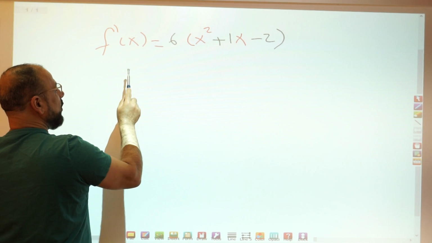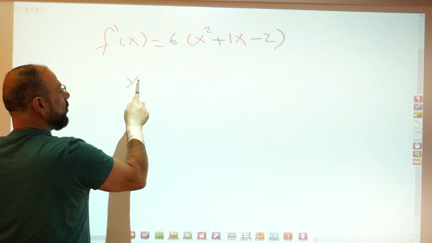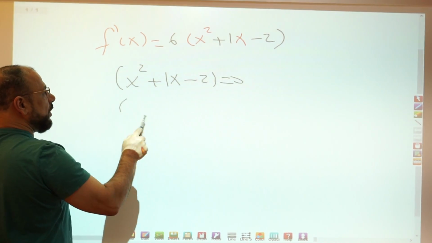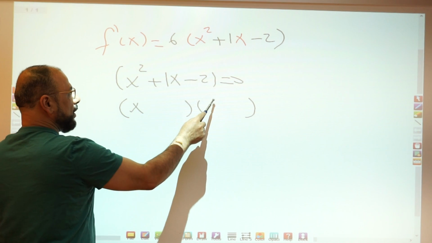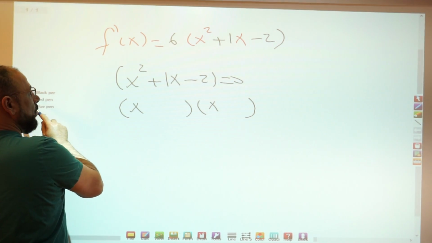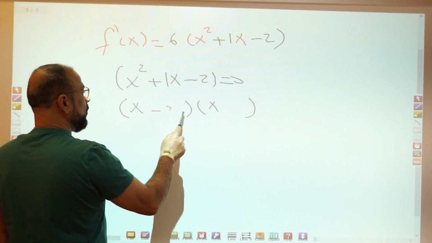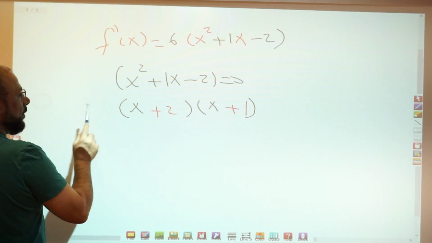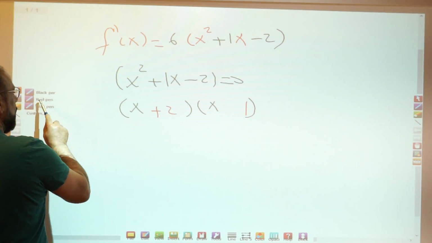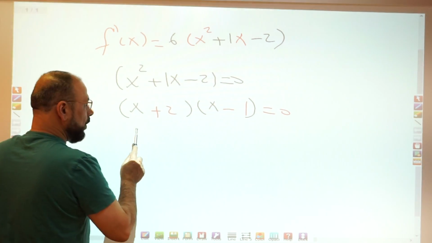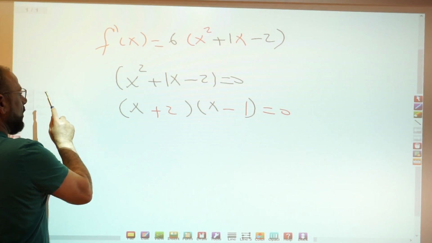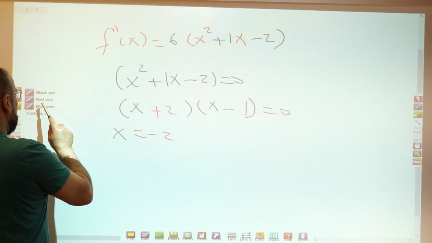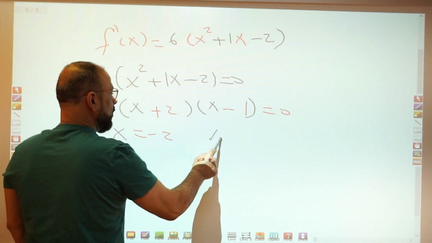We make this equal to 0: x squared plus x minus 2 equals 0. Then we have these two factors, x and x, plus 2, minus 1. And this equals 0. From this, x equals negative 2 and x equals 1.